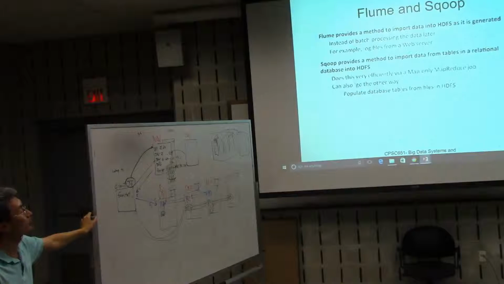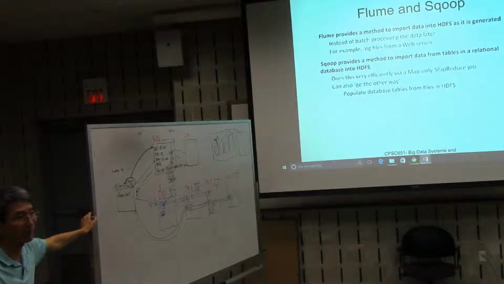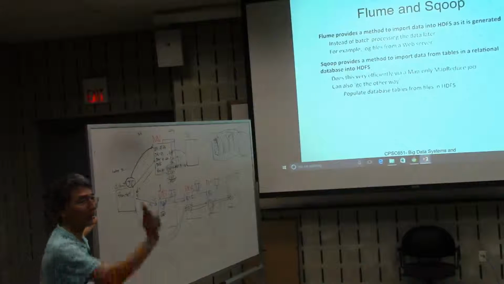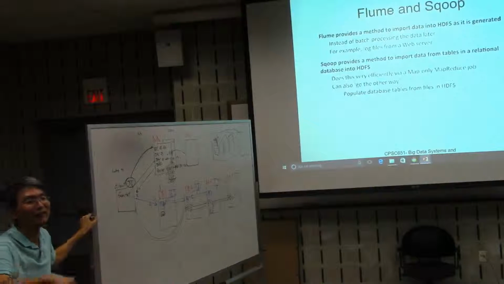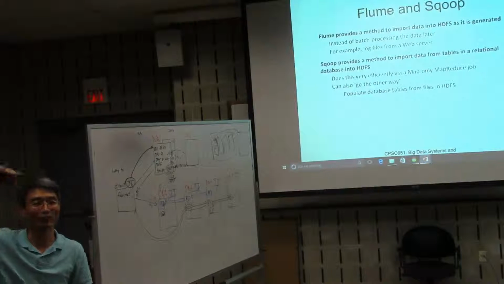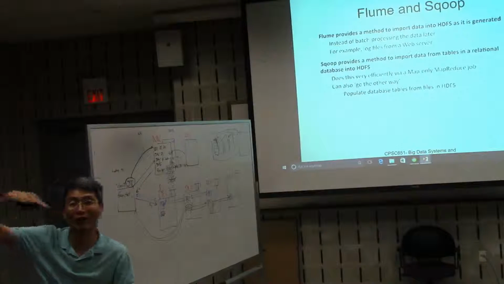And Flume and Sqoop. What is Flume? When I was young, in my hometown there was an amusement park. In the amusement park there is a roller coaster, right? And there is a flume ride roller coaster, which means there is water, right?